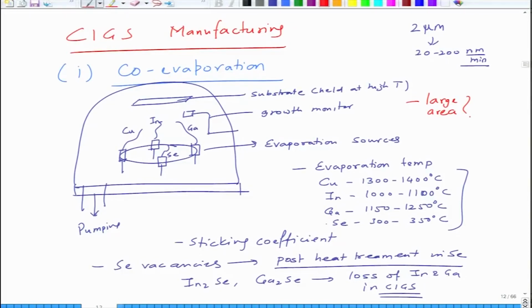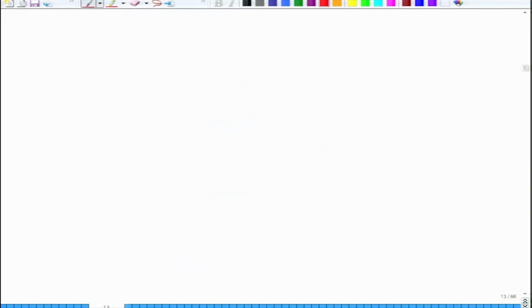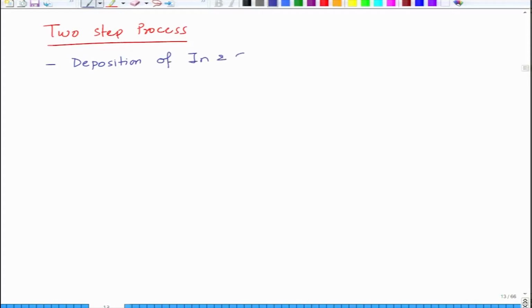So, generally people also follow what we call a two-step process. So, in this two-step process, first one deposits indium and copper layers, or copper indium layers, followed by heat treatment in a selenium environment.